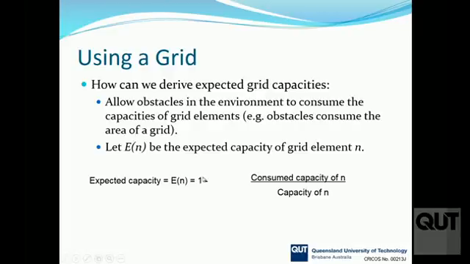So En is simply 1 minus how much of that element is actually consumed divided by the full capacity of that element. And this then gives us the expected capacity, how many other characters could possibly fit on that element.